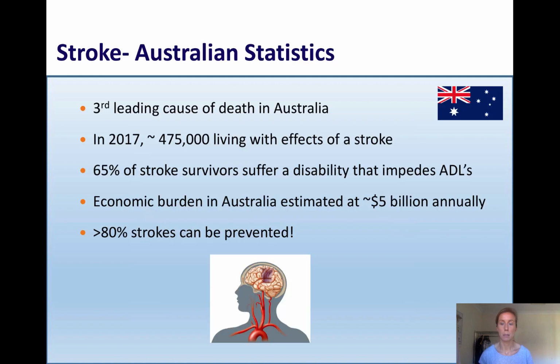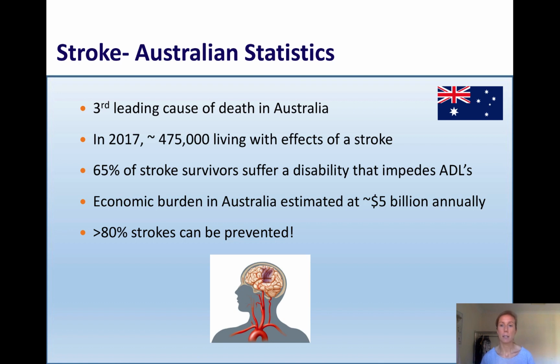We're going to try and explain, first of all, a little bit of context in terms of the prevalence and statistics in Australia, and then give you an overview and get into the pathophysiology. So stroke is currently the third leading cause of death in Australia. In 2017, almost 500,000 people were living with the effects of a stroke, so they were stroke survivors.